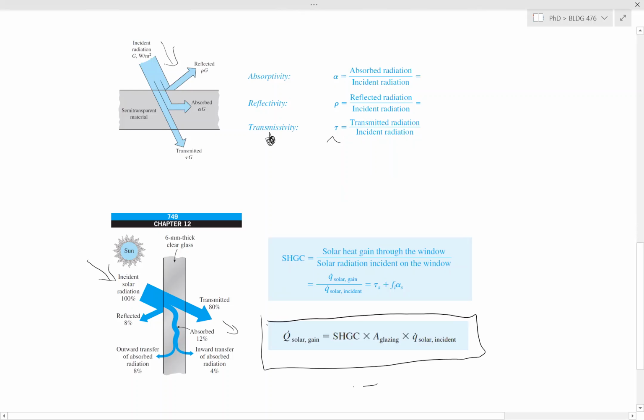We use our solar heat gain coefficient. A lot of the reason is that windows are not a simple system, they're a little more complicated. There's some amount transmitted, which is mostly what we're interested in, but there's also some amount absorbed by the window. This absorbed amount will heat up the window, and then some of that will escape inwards. So this is specific to windows.